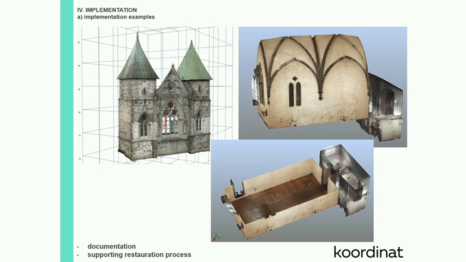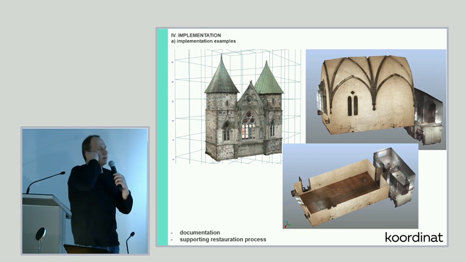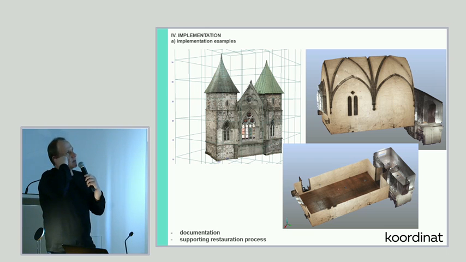So this is an example from Stavanger. This is the Domkirke, and I had the pleasure to document the eastern facade and the towers. It was again pointed out that the best way to create documentation of the stonework was again photogrammetry against scanning, but in the smaller chapel I used scanning with quite good results.